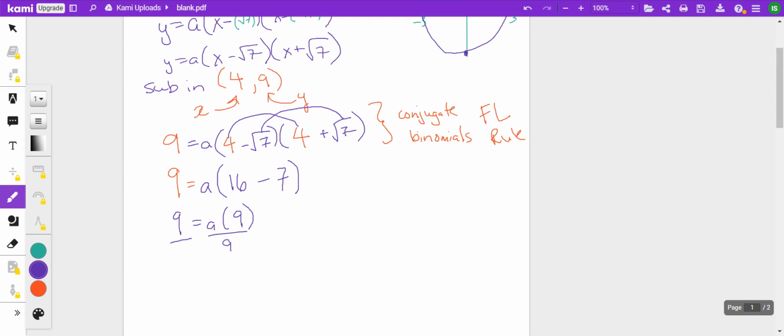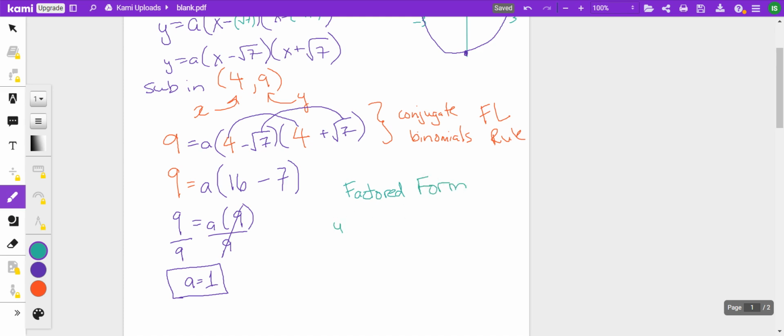So I'm going to divide both sides by 9. These two 9s cancel out. So I get that a equals positive 1. Right? 9 over 9 just simplifies to 1. Excellent. Good. So now I can write my equation in factored form. And on an evaluation, you need to know which one is the factored form and which one is standard.